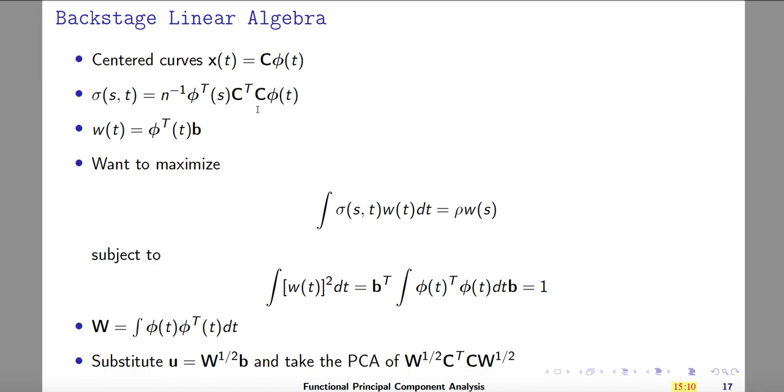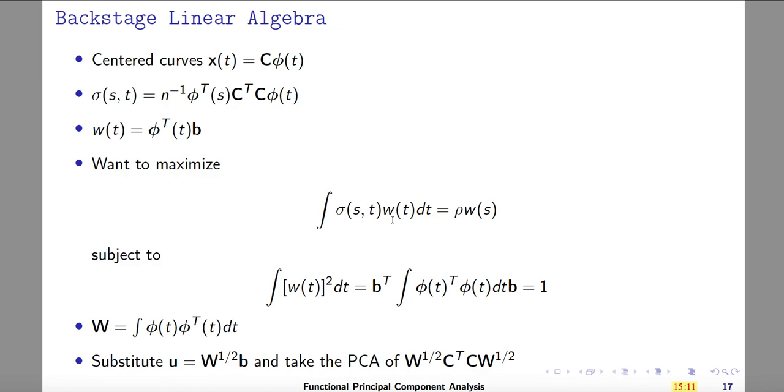This is the representation for sigma s of t, and then we can represent this weight function w of t as a linear combination of the same basis functions. We will use b as the coefficients for this FPC function w of t. Therefore w of t equals phi transpose of t times b.